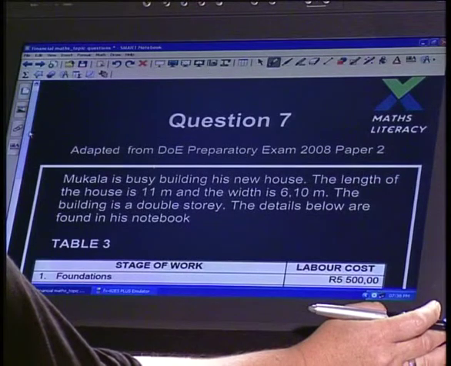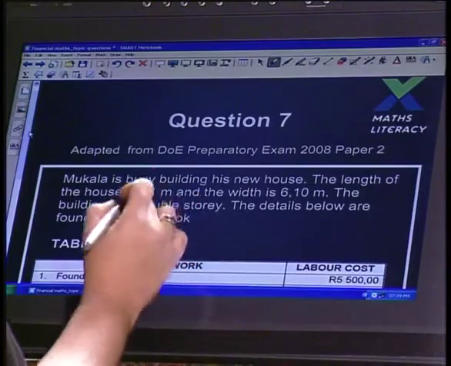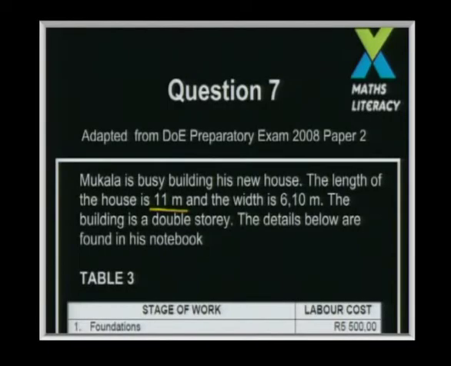Going on to question number 7. Mikala is busy building a new house, and the length of the house is 11 meters, and the width of the house is 6,10 meters. The building is a double story, and the details below are found in his notebook.